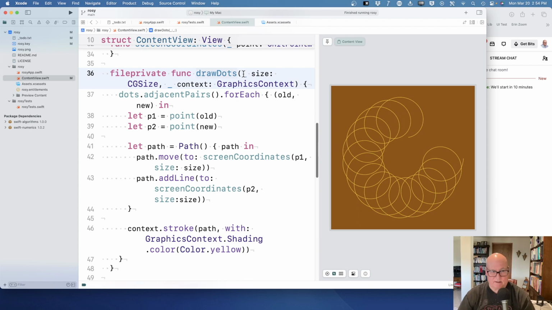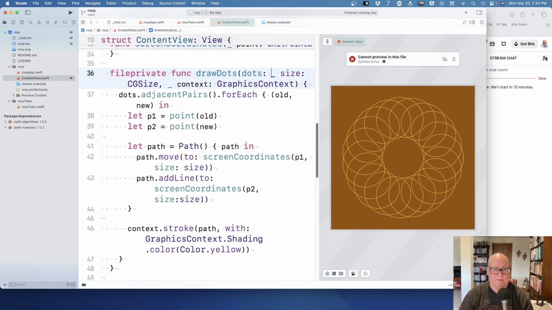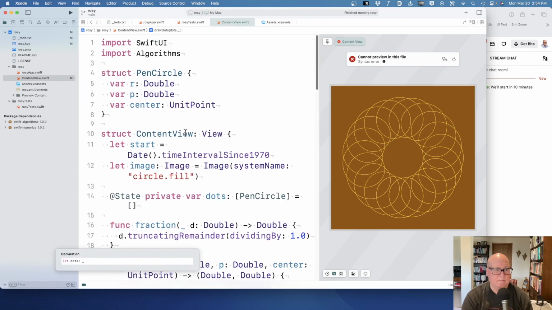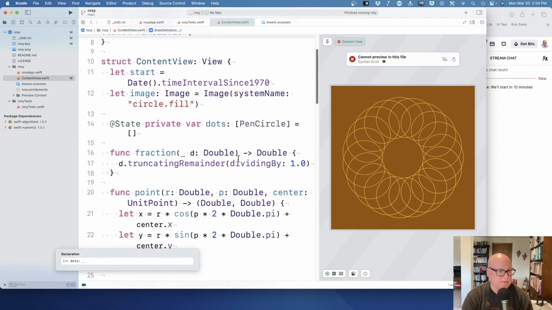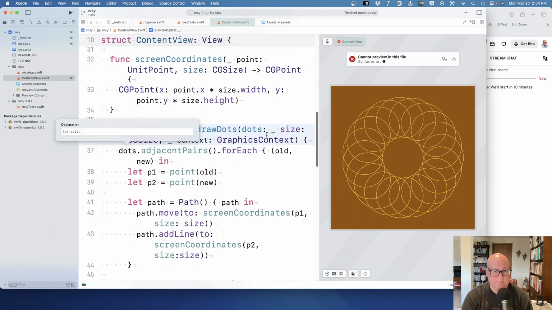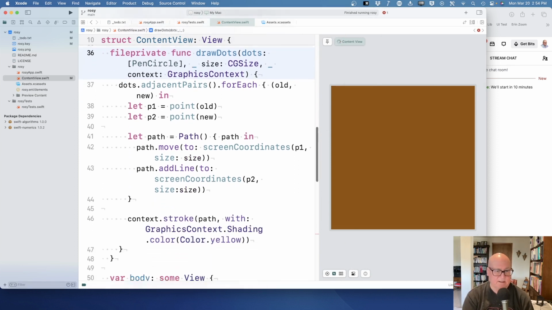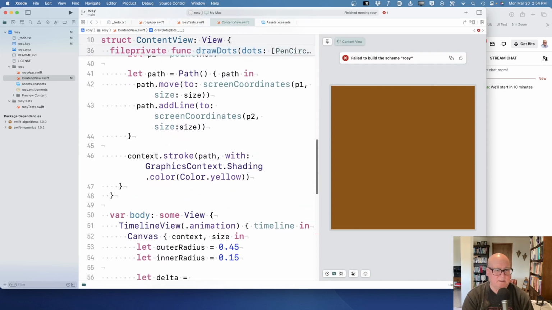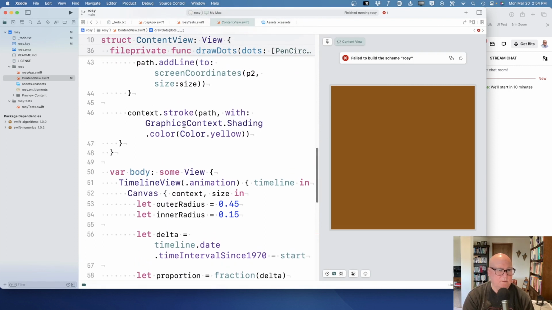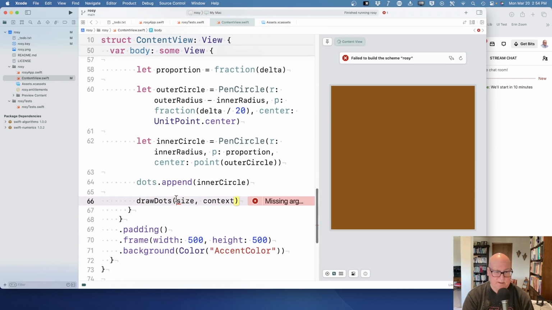So let's just pass it in. Dots is an array of pen circle, right? And then I think size is size and context is context. That's not too bad to understand. All right, but we have to pass in dots.